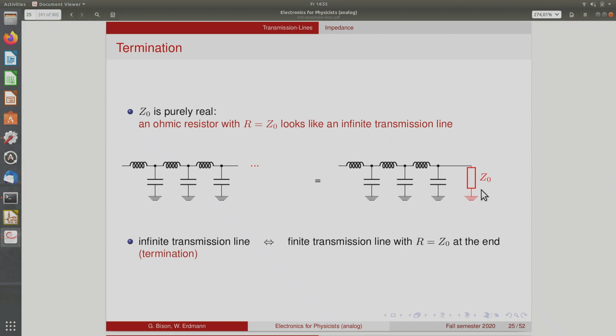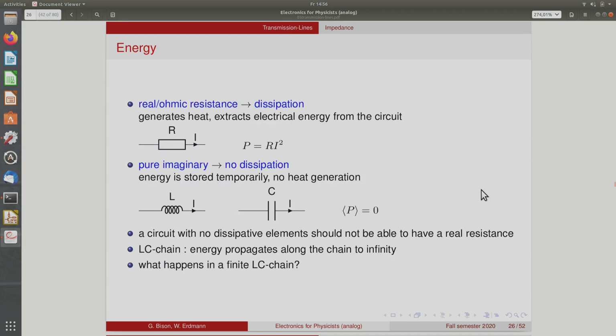This is called a termination. When you have a transmission line of finite length, you can simply put a resistor of 50 ohm at the end, and it'll behave as if it was an infinite transmission line.